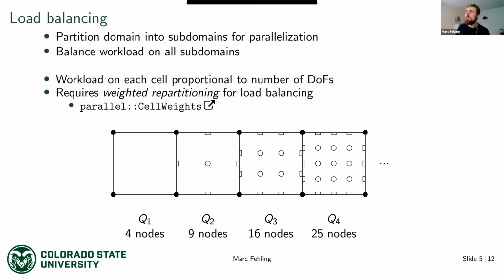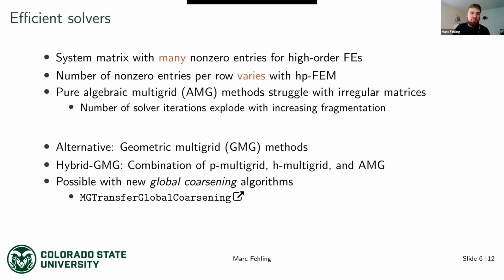The other thing is that you need to pick an efficient solver. If you use high order finite elements and build a system matrix out of it, you will have many non-zero entries for these kinds of elements. And if you use hp-FEM in that sense, the number of non-zero entries varies per row, so you will get some kind of irregular matrix out of it.